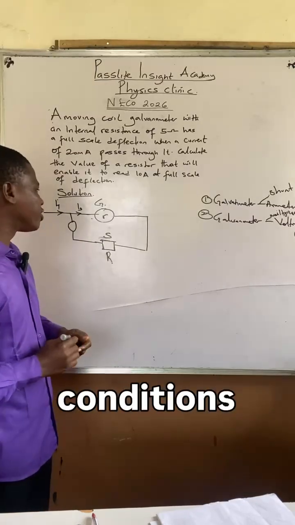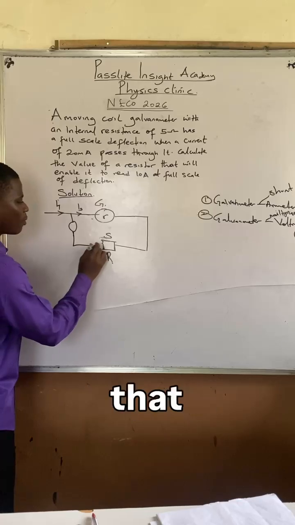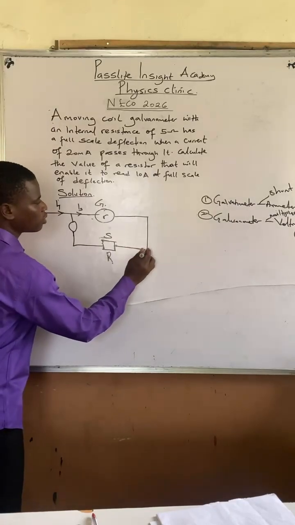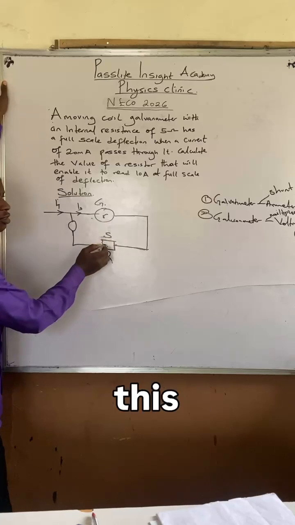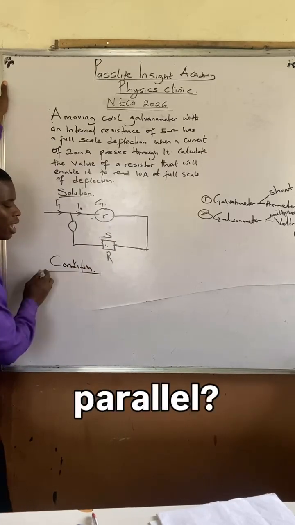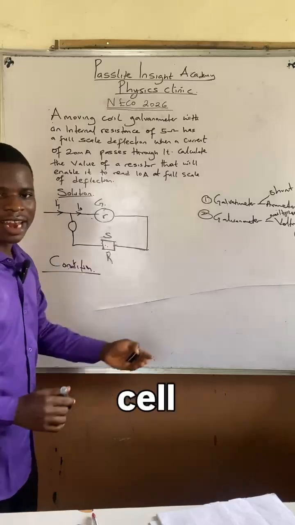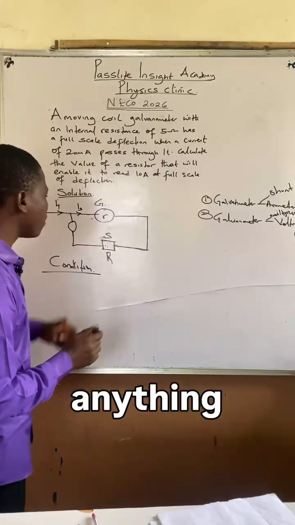So what are the conditions now? This is the diagram that we have on the board. Let me join this. As you can see, this is parallel to this. What is the condition of any arrangement in parallel? Whether you are dealing with cells or resistors, this condition is general to anything in parallel.